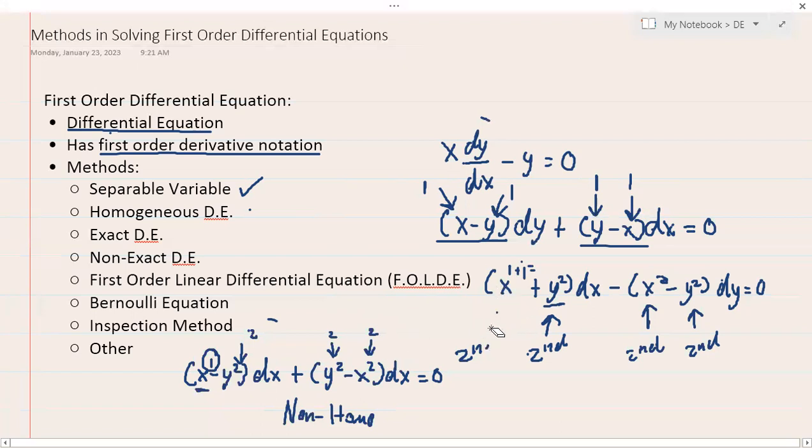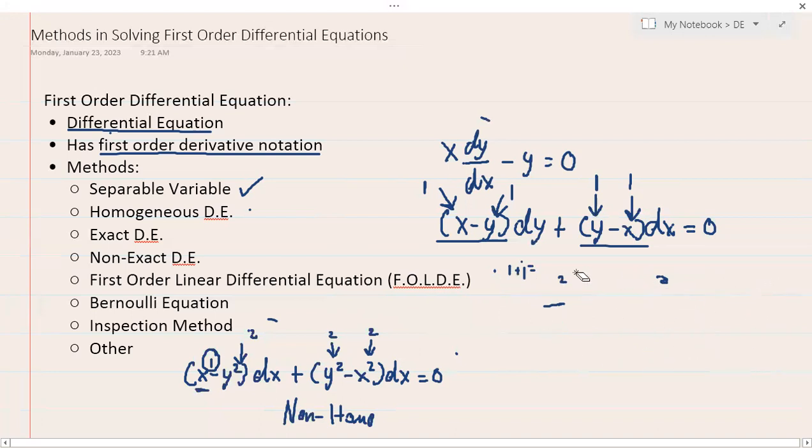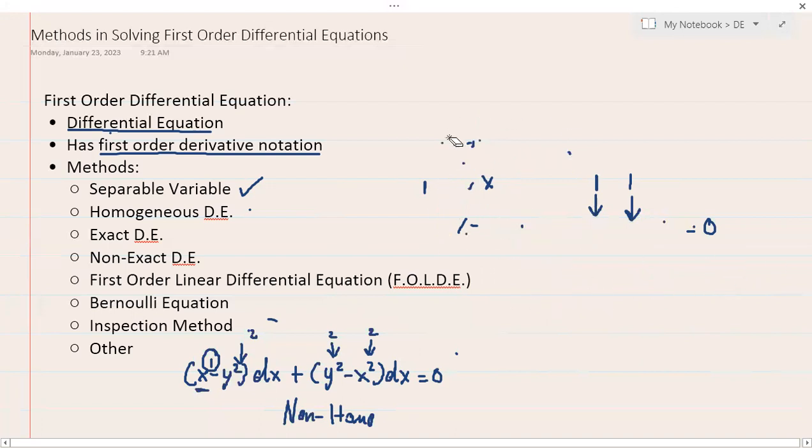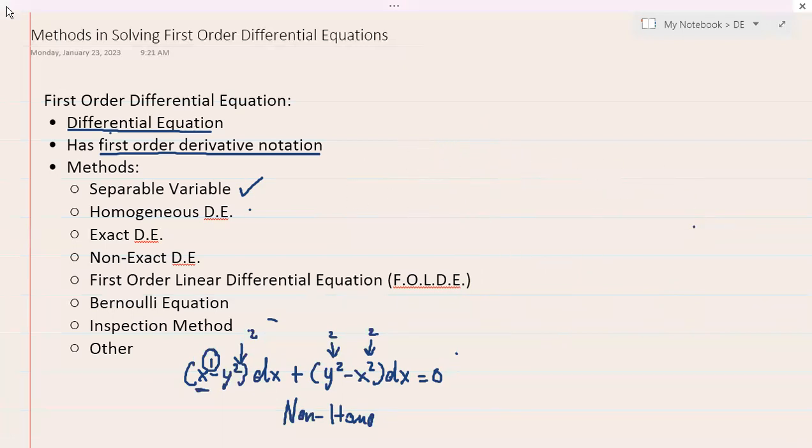Alright? So, para naman sa mga non-homogeneous differential equation, was there a formula na gagamitin mo? Okay, how would you solve a non-homogeneous differential equation? Well, the methods that you can use in solving a non-homogeneous differential equation ay either exact DE, non-exact DE, Bernoulli equation, inspection method, or FOLDE.